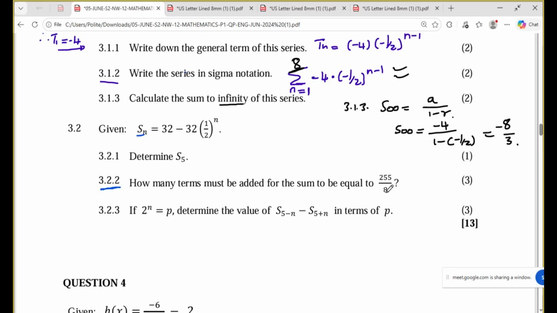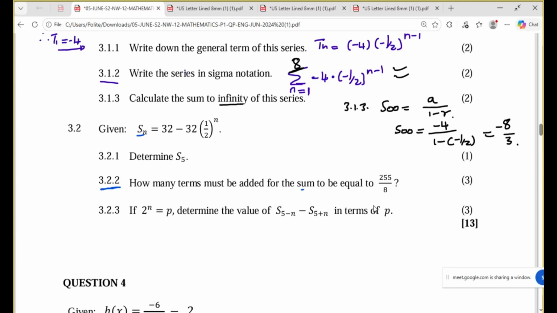You see now, this question is really confusing because when they say the sum, how do we know what type of sequence this is? Is this arithmetic or is this geometric? How are we going to conclude that?